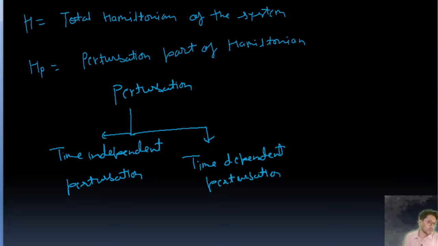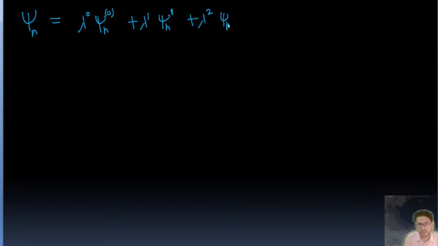Here, the wave function psi n we can write as lambda 0 psi n 0, plus lambda 1 psi n 1, plus lambda 2 psi n 2, plus so on.